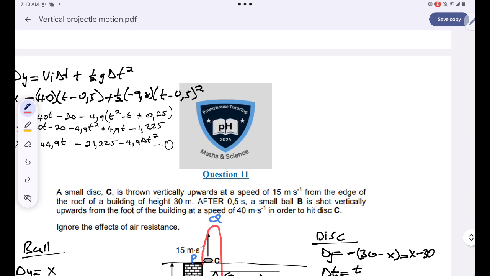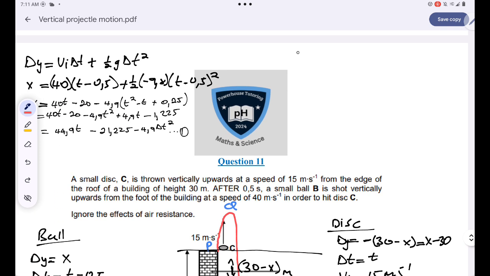Let me write this one in red. I'm still refraining from using any equation that has a final velocity because I don't know the final velocity. So our delta y right now is just x minus 30, ne?